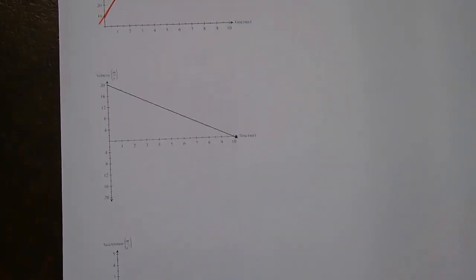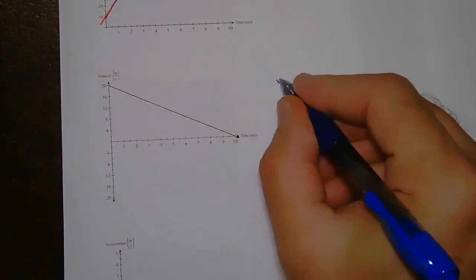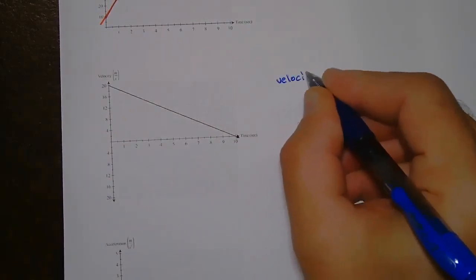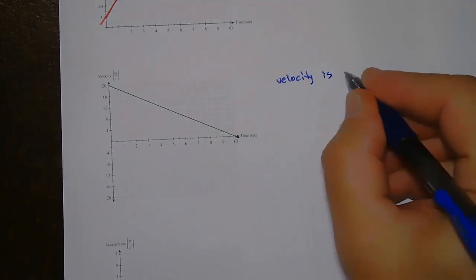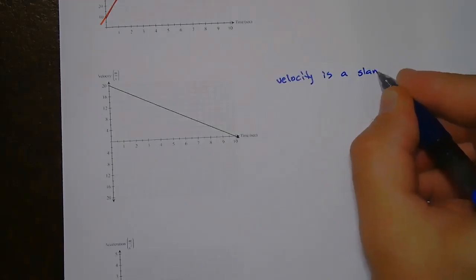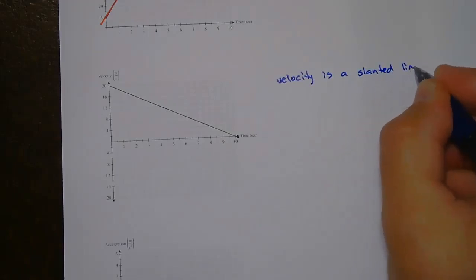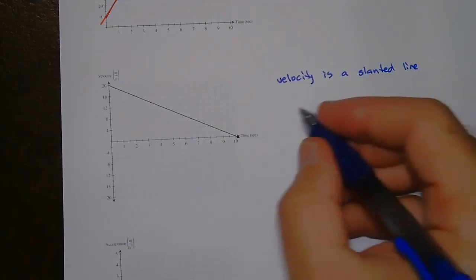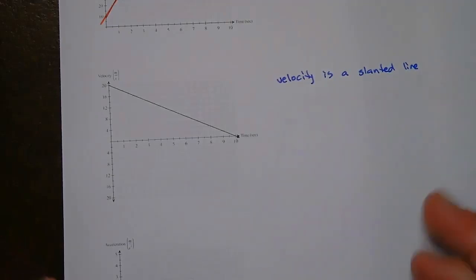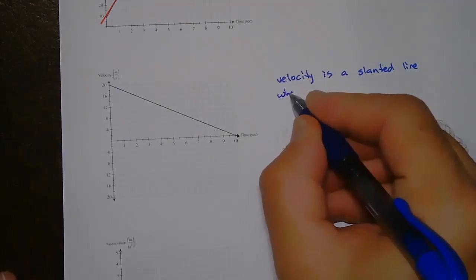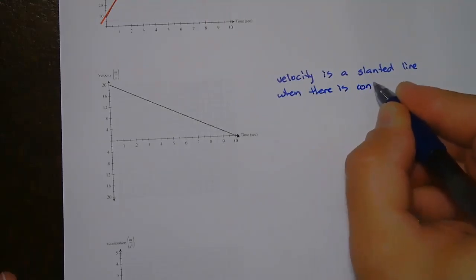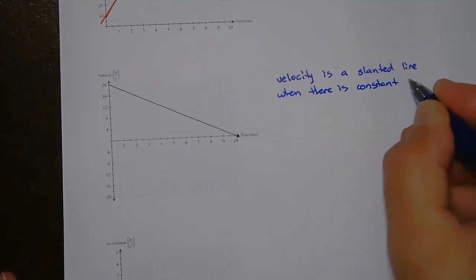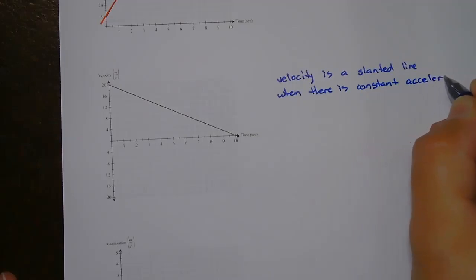All right, so velocity is a slanted line when there's a constant acceleration. You're going to see this also.